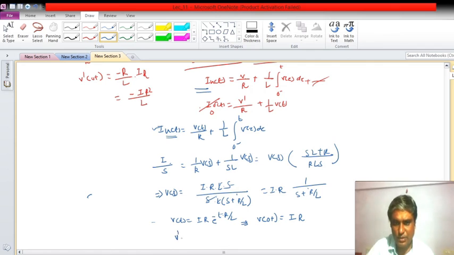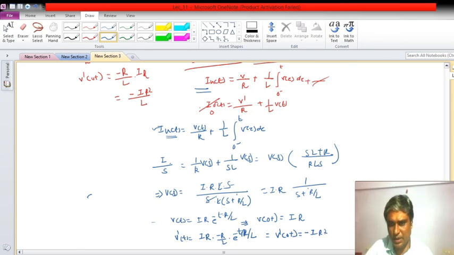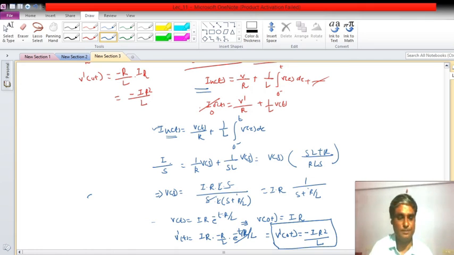It will be IR into minus R by L e raised to minus t R by L. Evaluating V dash at 0, it will be minus I R square upon L, because the exponential will be 1. So this also satisfies. Whatever we get from physical inspection, we also get from the mathematical representation. That is what I wanted to show.